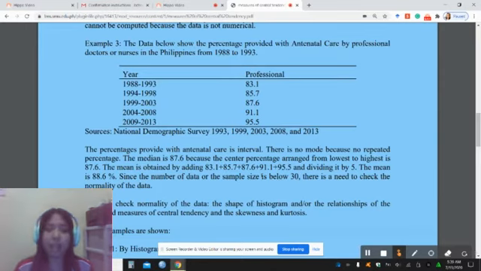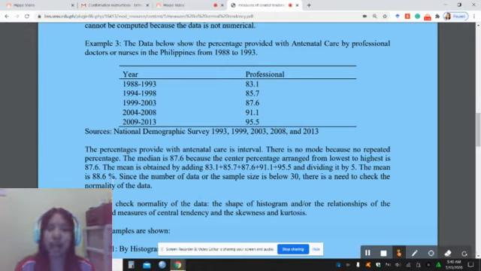We can add 83.1 plus 85.7 plus 87.6 plus 91.1 plus 95.5, and the sum will be divided by 5 because we have 5 data, and the answer is 88.6%.